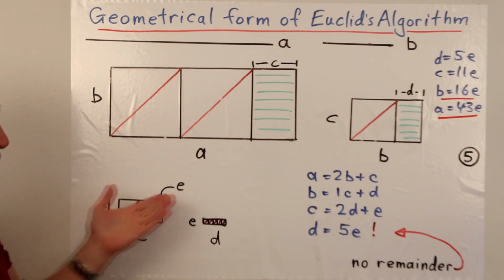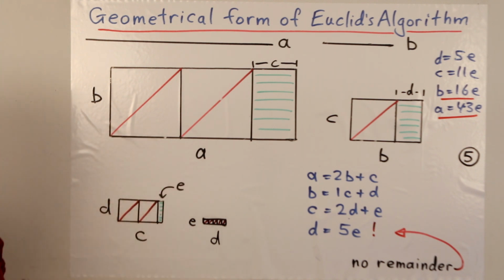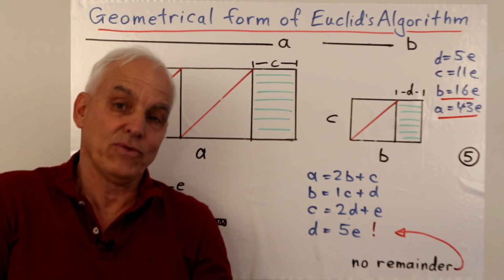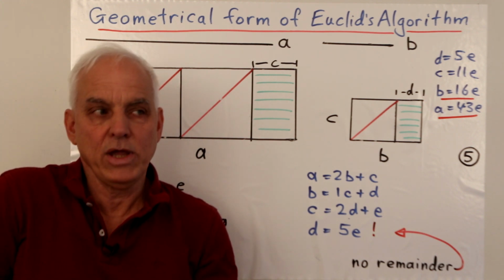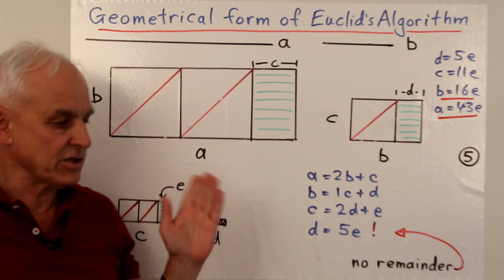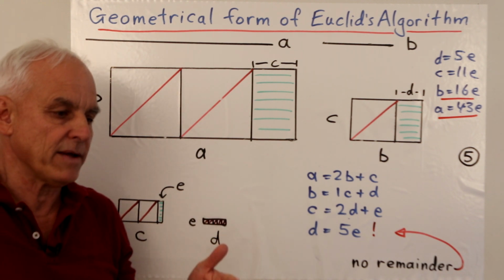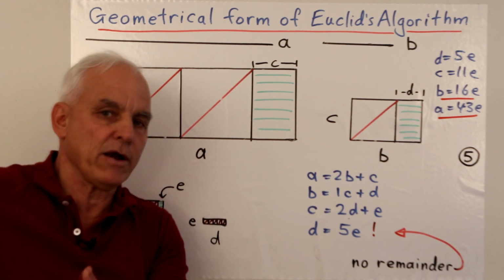And I want you to appreciate that this geometrical construction doesn't really require any knowledge of arithmetic. We could explain this to a primary school student in such a way that it doesn't rely on a prior theory of arithmetic.